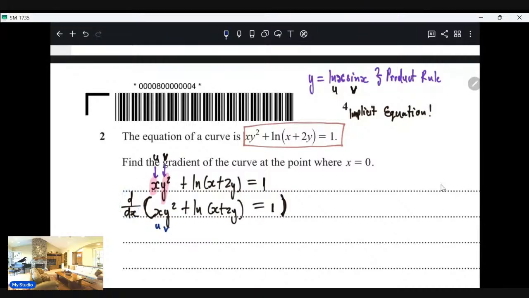So product rule says bring the second, y squared, that's the v. Multiply by derivative of the first. Derivative of x is 1. Plus bring x, that's the first. Multiply by derivative of the second, y squared. That's the product rule. You bring the second, multiply by derivative of the first. Plus you bring the first, then you multiply by derivative of the second.